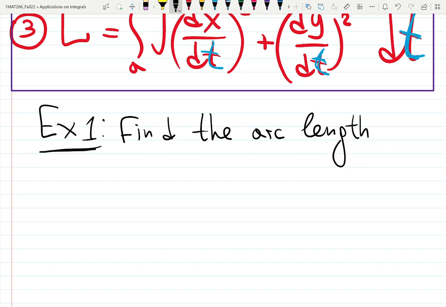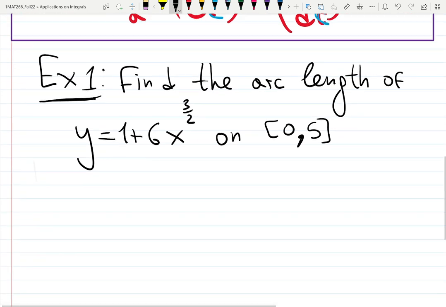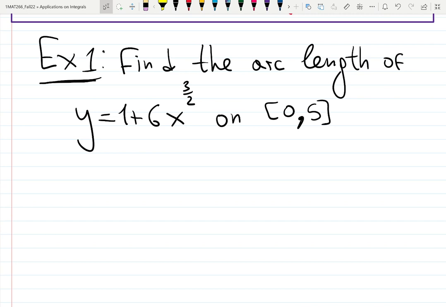y equals 1 plus 6x to the 3/2. I think this is an example from the exam, just letting you know. From 0 to 5. Very classical example. Usually it's a multiple choice case on a test, because we're just testing your knowledge of the formula.